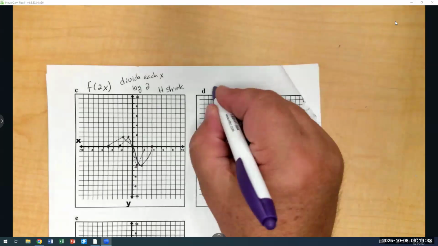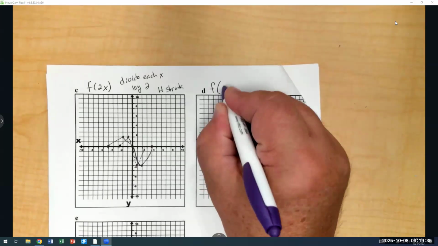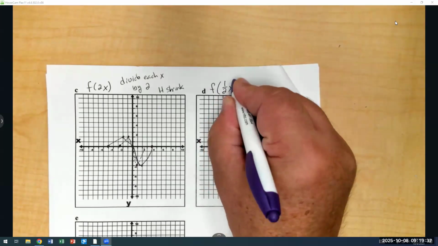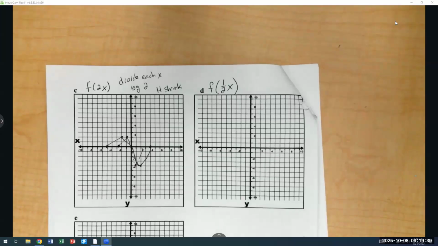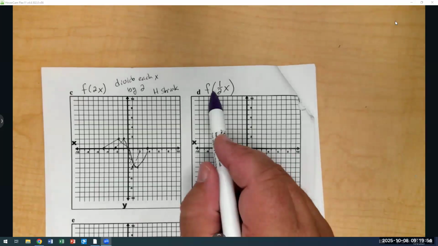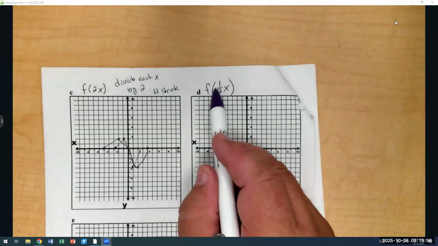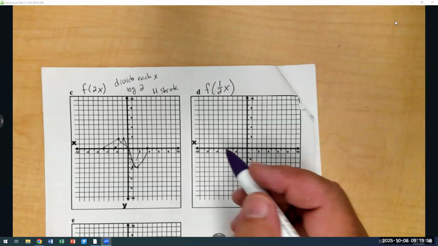The next one is f of 1/2 x. So what do you think we do here to my x values? Multiply by 2. Do we change the y values? No, we don't change the y values because the only change happens inside the function, and that's what x is.